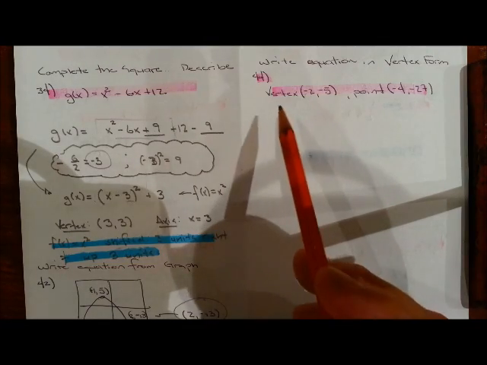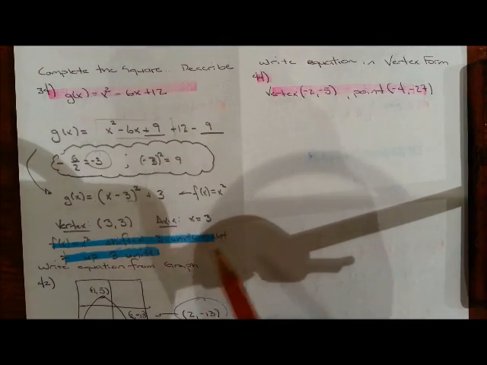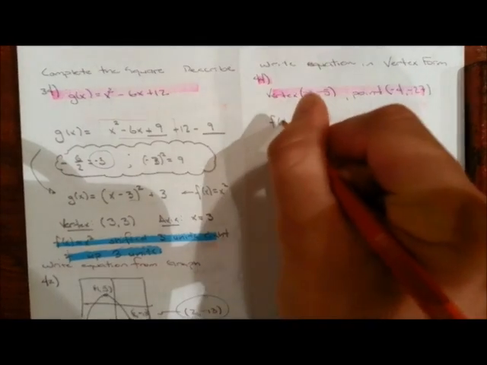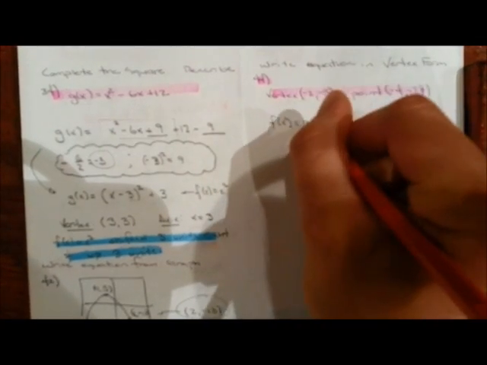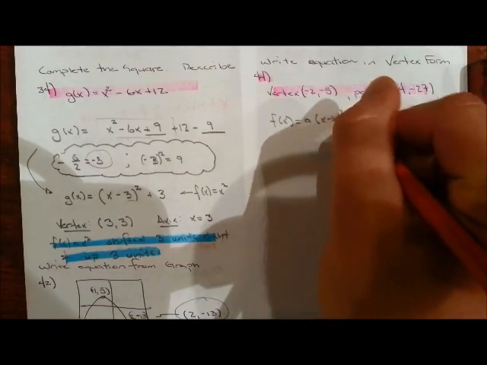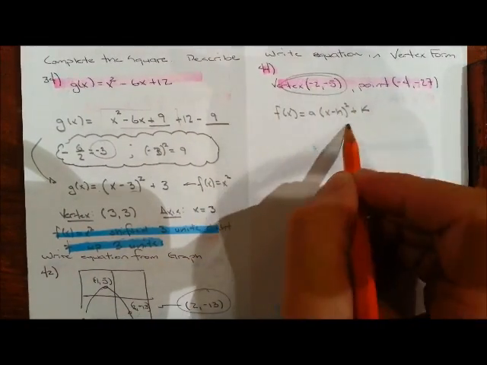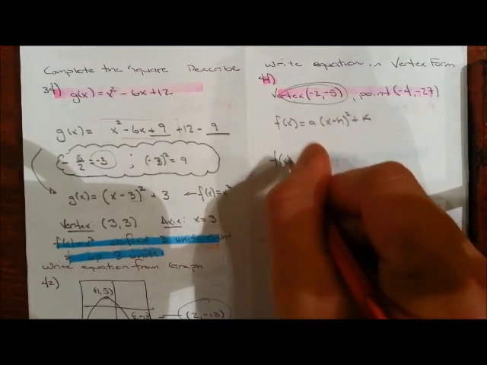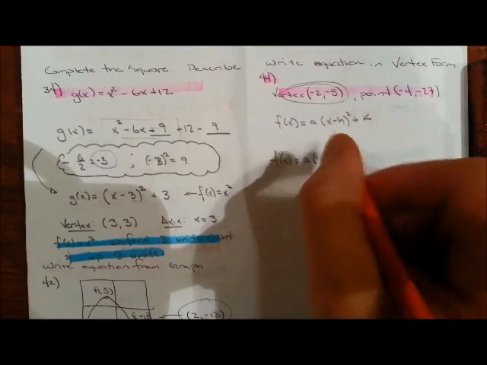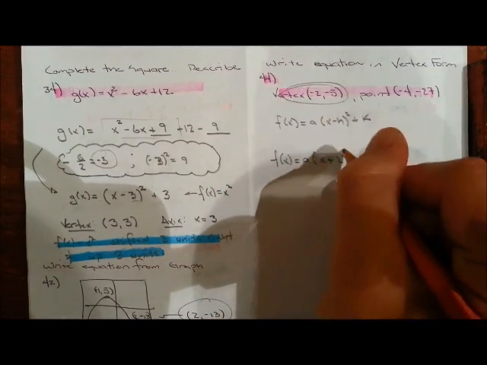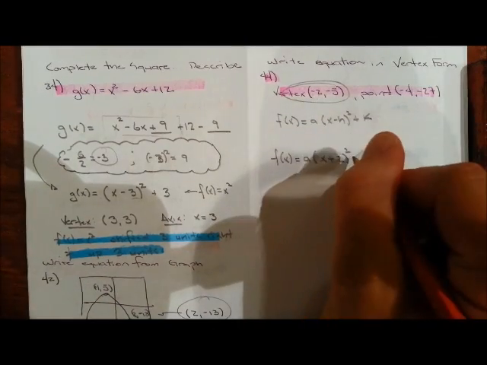The last problem I'm going to do is number 44, which is the same practice that I just previously did. So again, I have f of x, vertex form is a times x minus h squared plus k. So I'm going to take this point, plug it in. So I have f of x equals a times x plus 2 squared because of the minus 2.